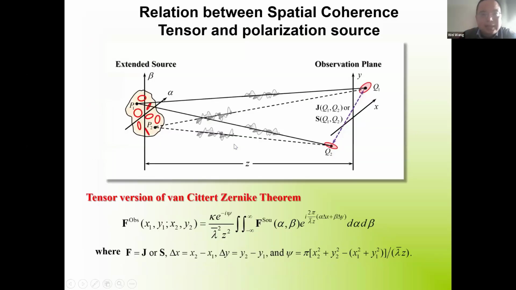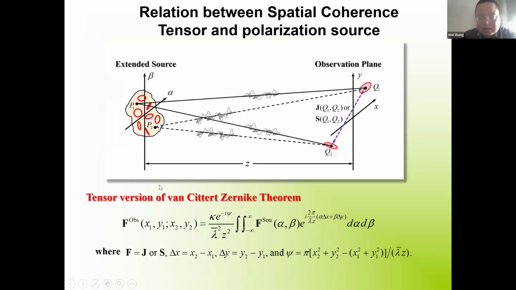Okay, so this is the relation between the spatial coherence tensors and the polarization source. Basically, we have an extended source, and we are in the far field. We have the mutual polarization tensor, or mutual generalized Stokes tensor.